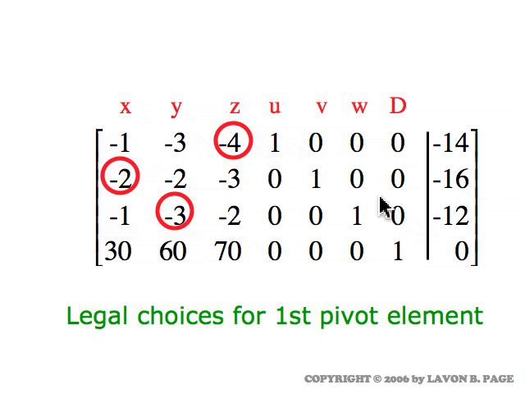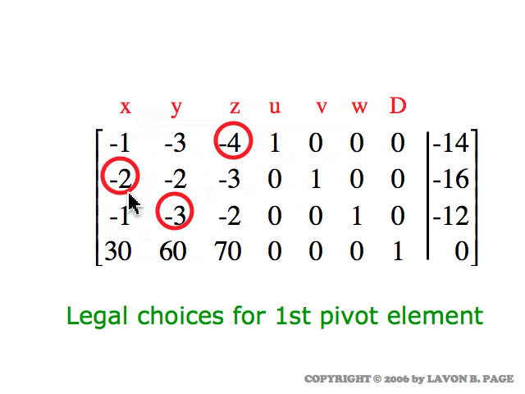If we were to choose the first column as our first pivot column, we would of course be comparing the ratios -1 into -14, which is 14. -2 into -16 would give us an 8. And -1 into -12 would give us a 12. So the smallest ratio, if we're working in the first column, would be obtained by dividing -2 into -16.